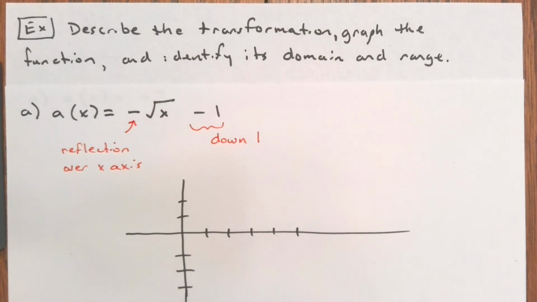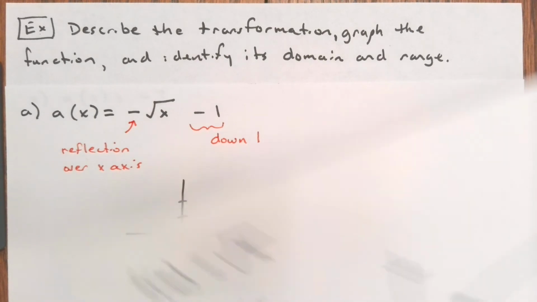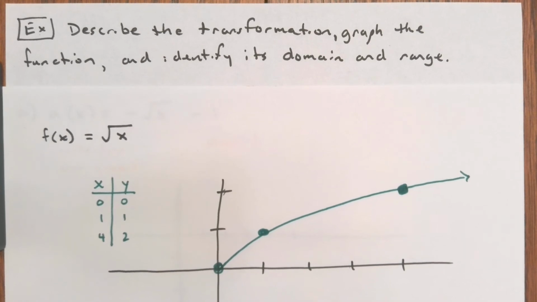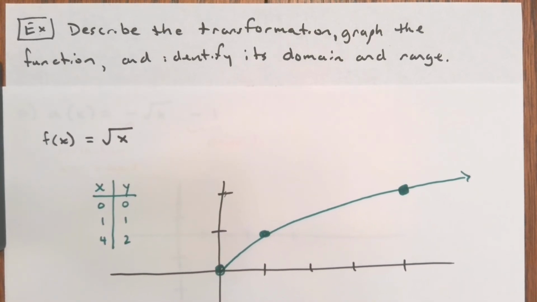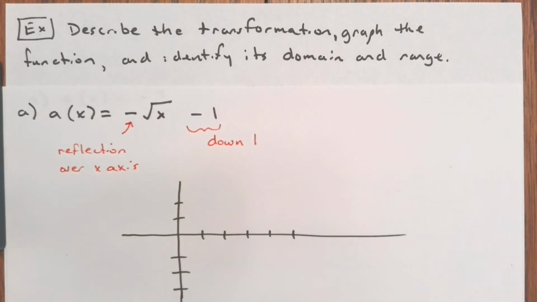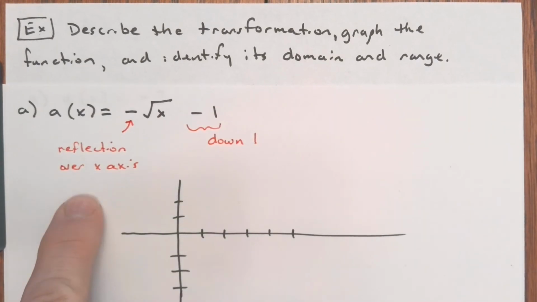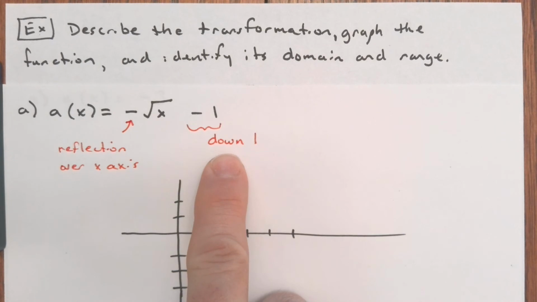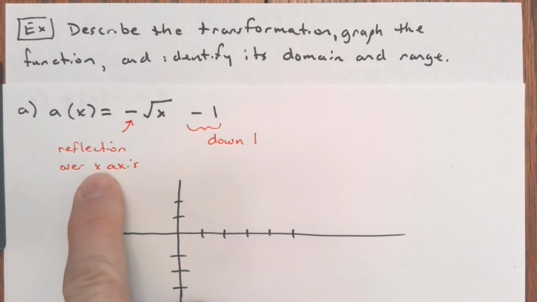The parent function graph that we looked at has these 3 points, 0, 0, 1, 1, and 4, 2. When you do a reflection and you do a translation, either vertical or horizontal, we want to do the reflection first and then do the slide.